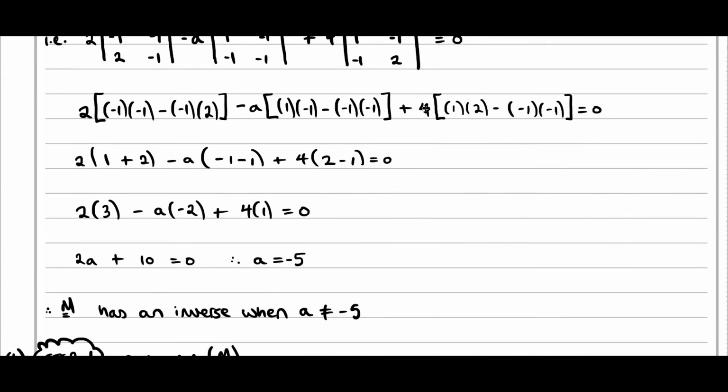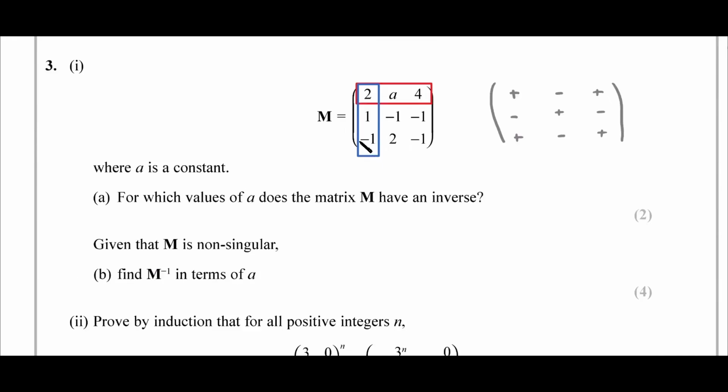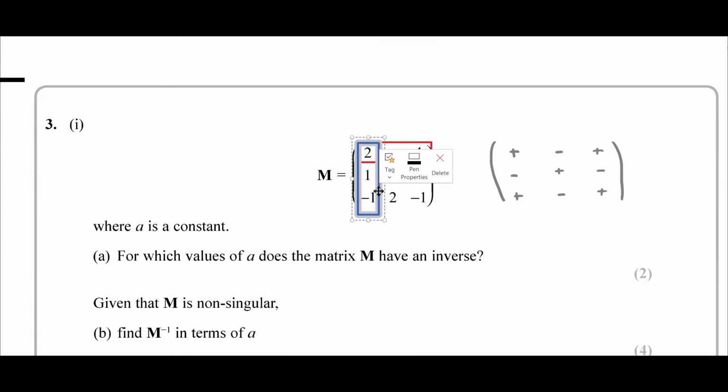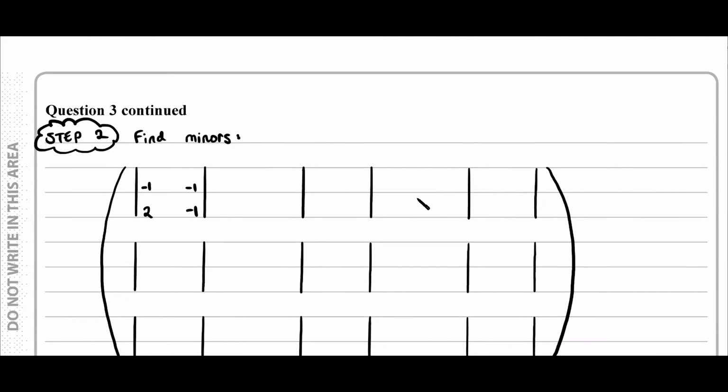In other words, we have minus 1, minus 1, 2, minus 1. For the second element here, we have 1, minus 1, minus 1, minus 1. So let's just write that down. 1, minus 1, minus 1, minus 1.